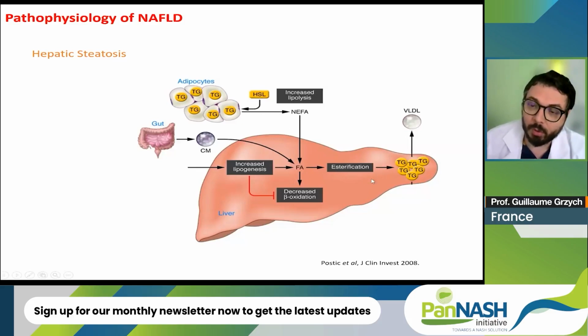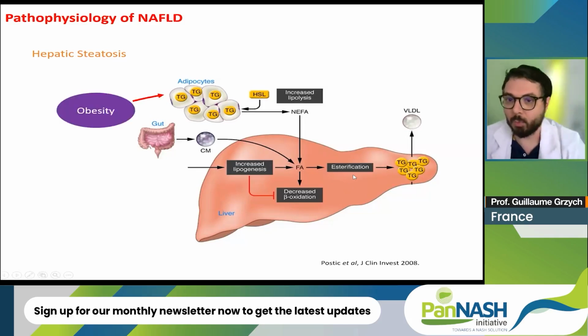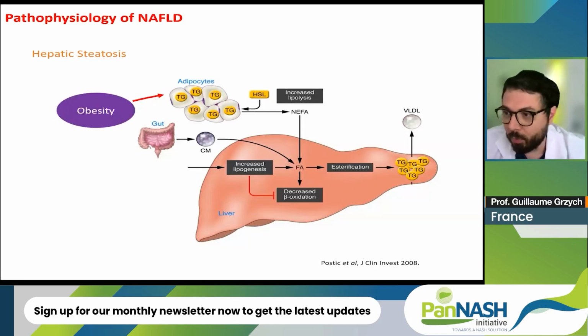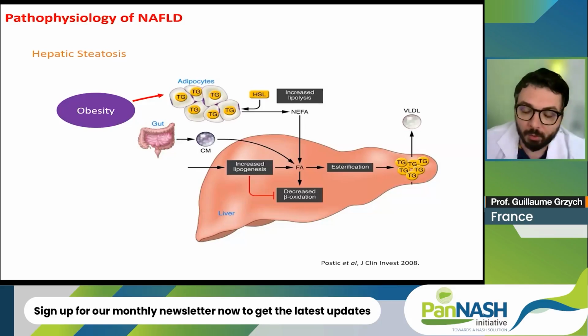So you have an increase and accumulation of triglycerides in the liver. This process is increased with obesity. When you have obesity, you have a lot of adipose cells, so you have a high risk of increased lipolysis and a lot of triglycerides in the liver.